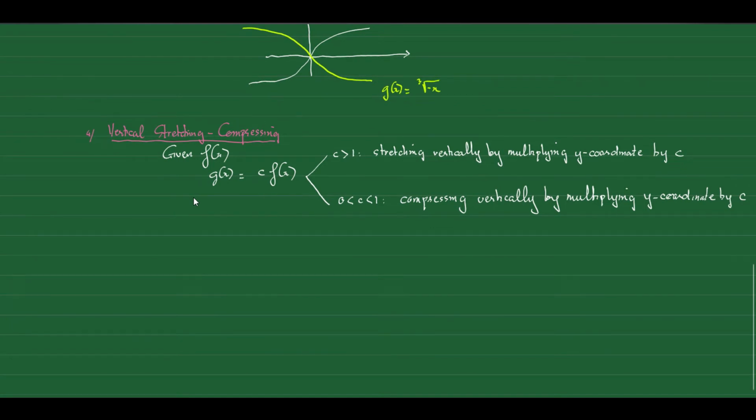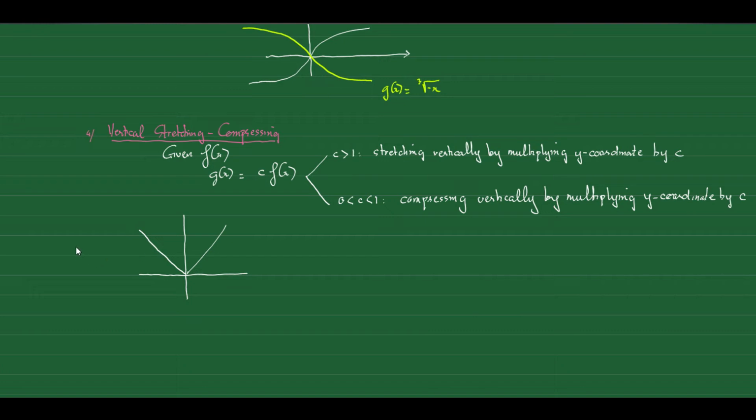Now I'm gonna give you something like this. What if I have, let me give you the absolute function, okay? That one you can see that easily. So I have the absolute function, the basic one, something like that.